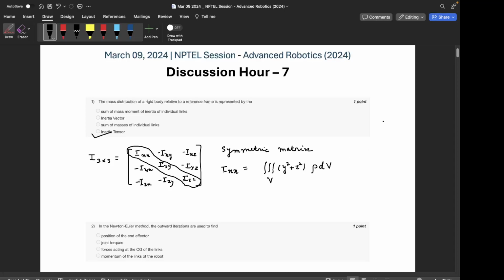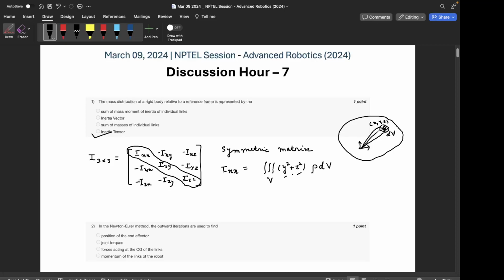Imagine a body of some arbitrary shape, and this is the reference frame. Let's say here is a small volume dV, whose location in this coordinate frame is some x, y, z, and this is the y and z being used here.